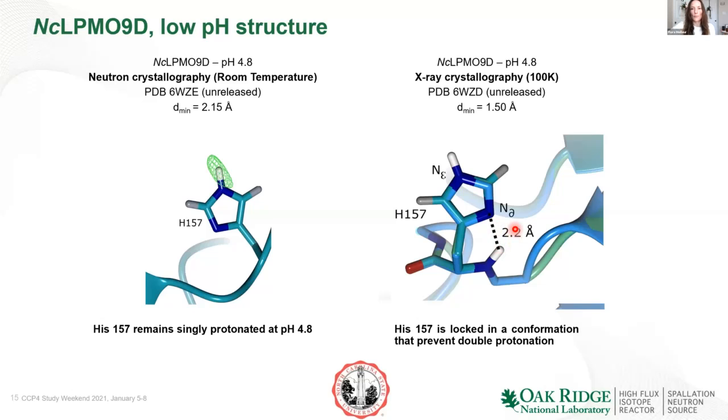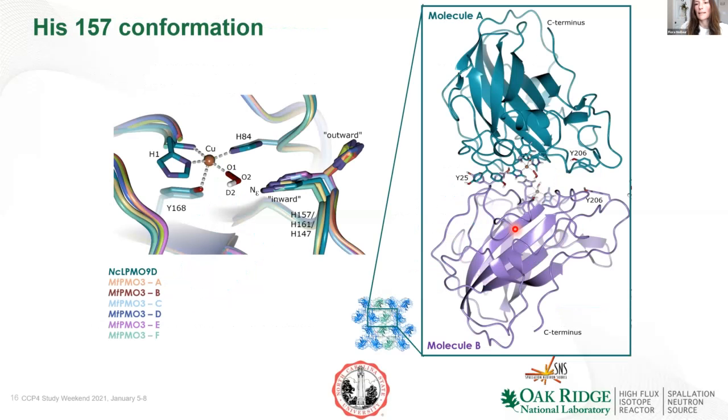So what we now think is that, because of our crystal packing, this histidine 157 is locked in place and cannot go out, whether it's at low pH or in the presence of the oxygen species coordinated to the copper. It cannot flip out to the bulk, grab that proton, and come back in to transfer that proton.